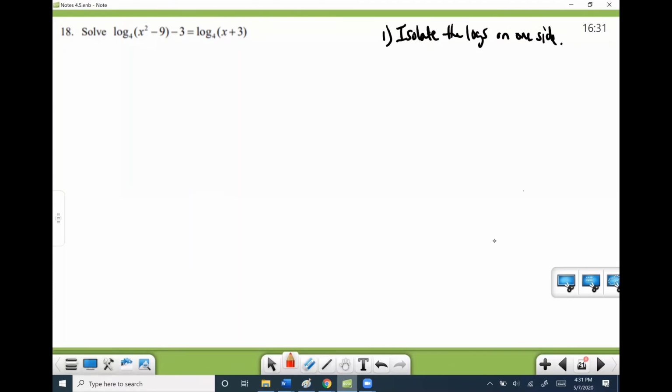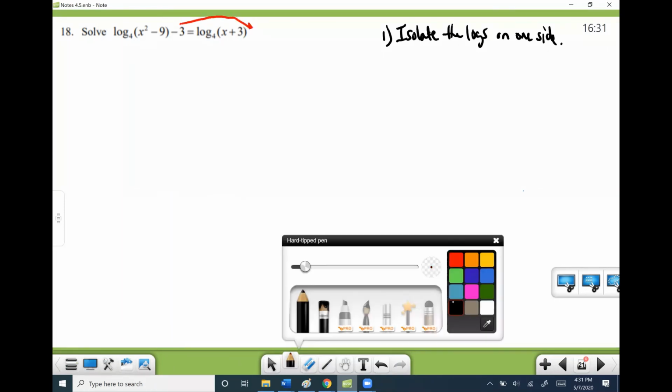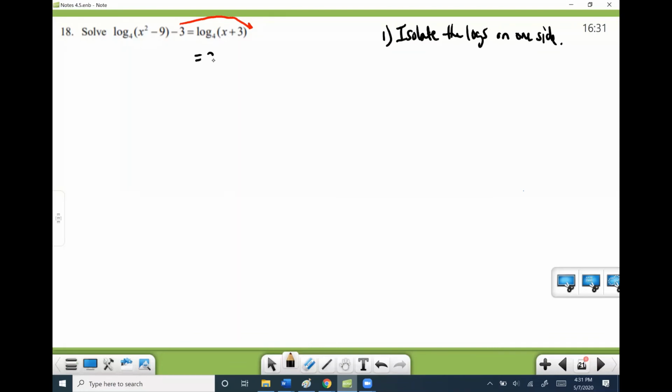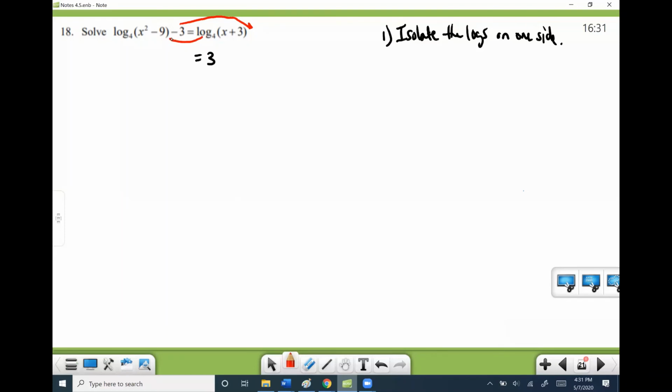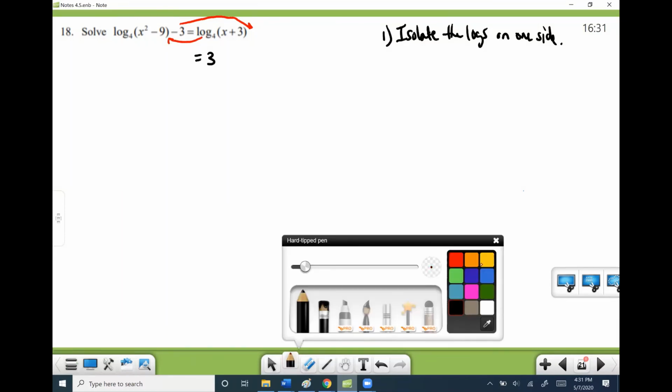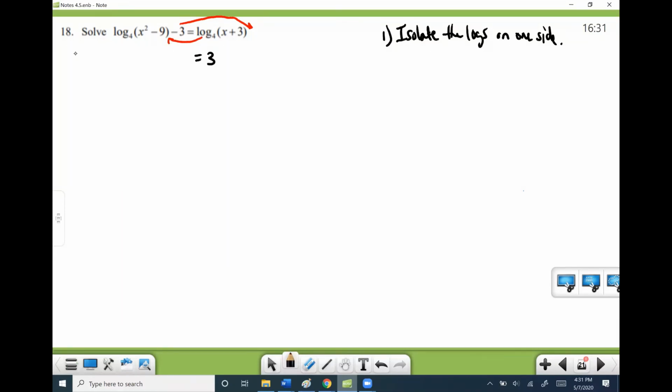What are you guys thinking? Add the 3? Okay. So if we move the 3 over to this side, right, you would become positive. Then we'd also have to move this log over to this side though, huh? So then he would be negative. Okay.